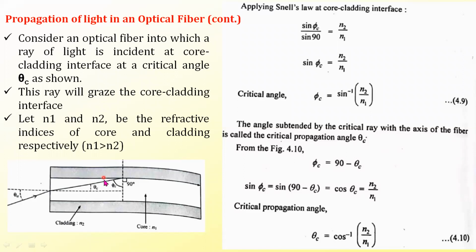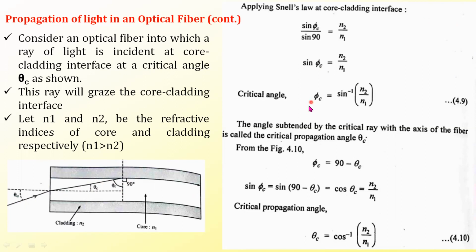This is the angle subtended by the ray at the core-cladding interface, that is phi c, and the ray incident at the critical angle will graze this core-cladding interface like this.